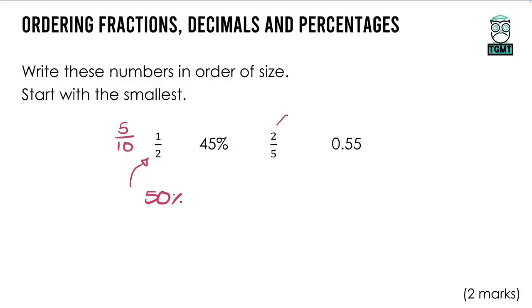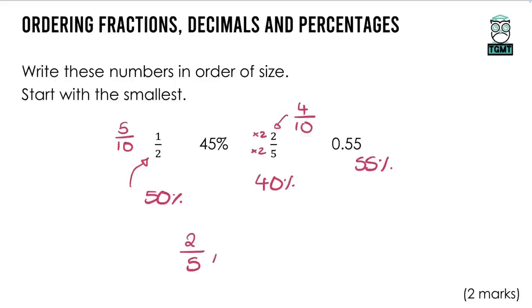For the next one, we definitely want to convert this so it's over 10. So timesing the top and bottom by 2 would give you 4 over 10, which is 40%. 0.55 is 55%, and from here we can actually order these. So looking for the smallest, we have our 40%, and writing the original piece back in the order.